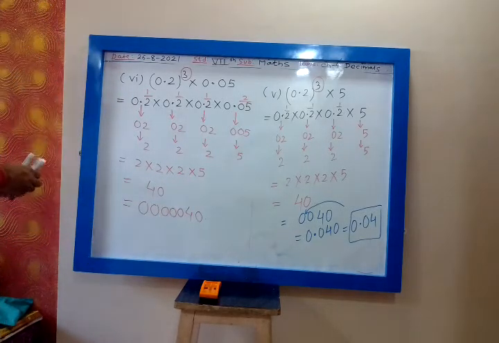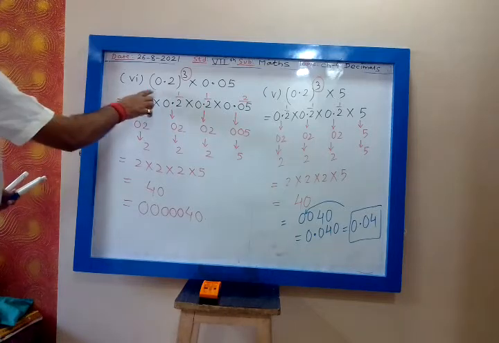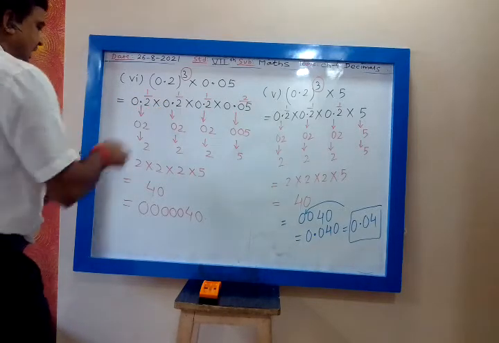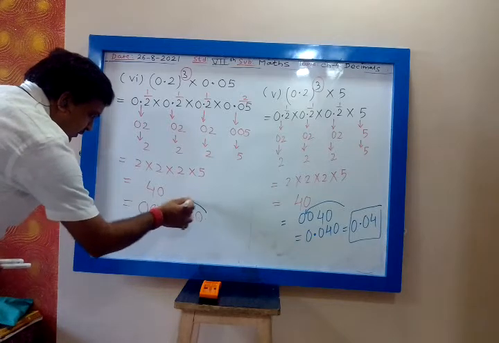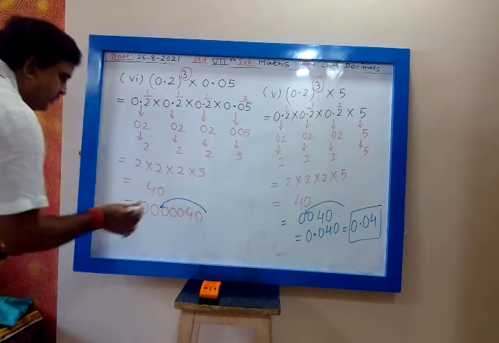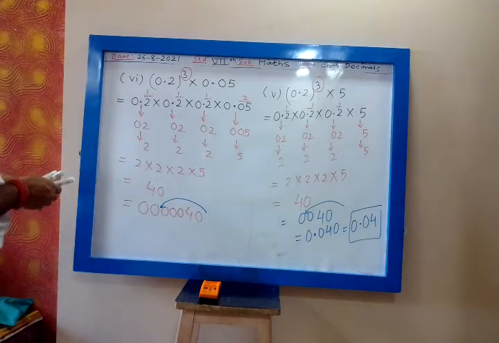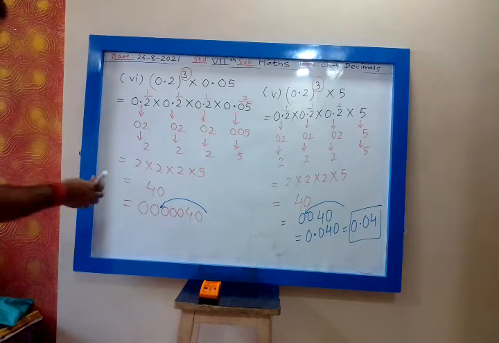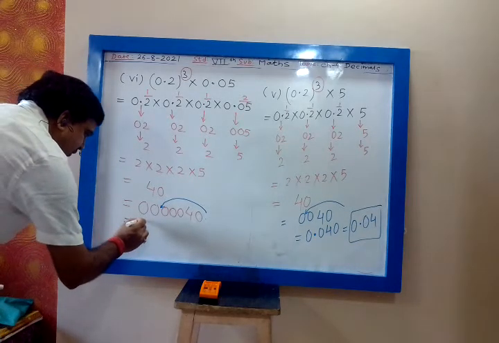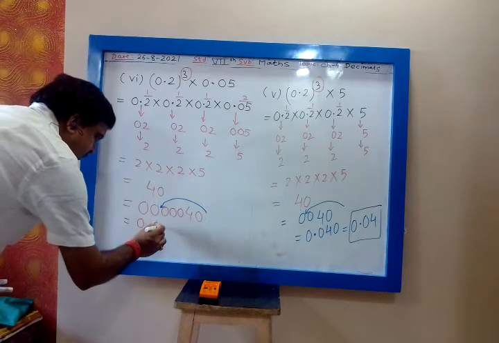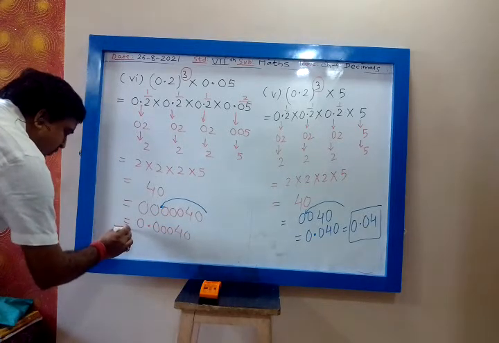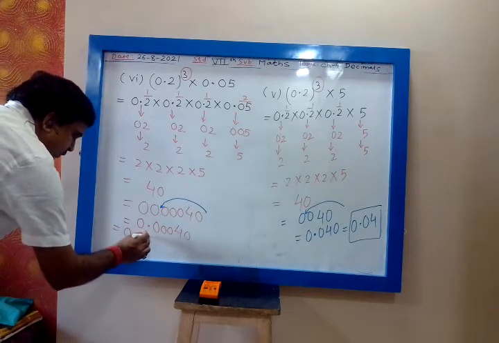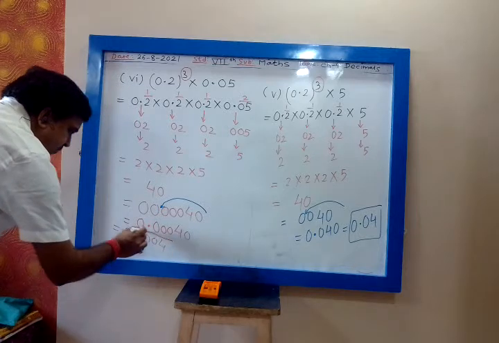Now place the decimal after 5 digits: 1, 2, 3, 4, 5. So this will be 0.00040, which is same as 0.0004.